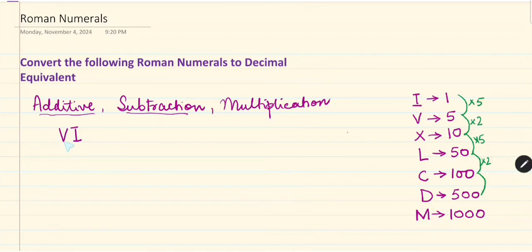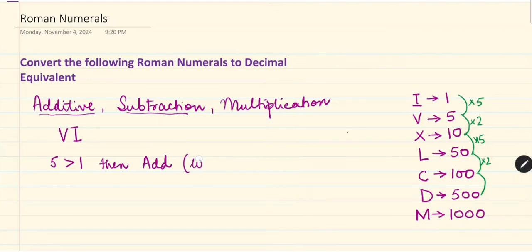If the digit on the left is greater than the digit to its right, so V represents the value 5, and I represents 1, then add. So when do we add?